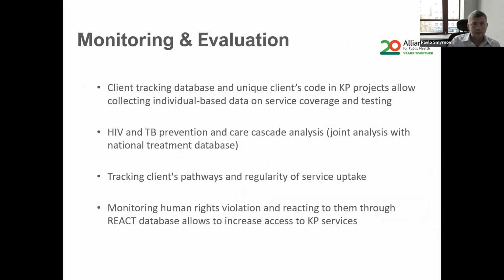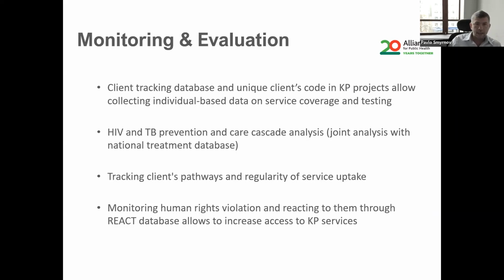Okay, next. Of course, monitoring and evaluation is a large, important part of the scale up and moving beyond scale. As you've seen, we use the unique client code in all KP projects, which helps us to see the individual-based data on service coverage. We can do cross-sectional and cohort cascades.